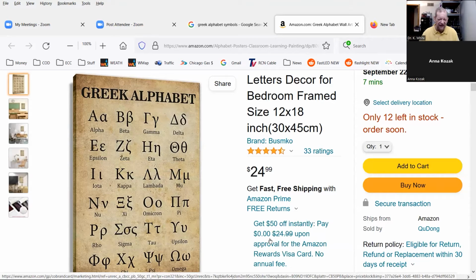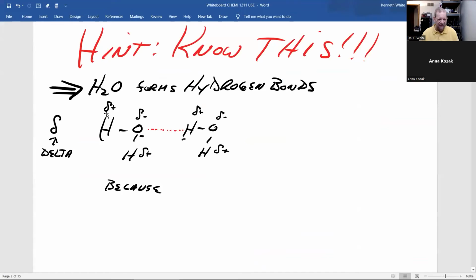All right, let's get back to this. Does that help now? This right here is a slight positive charge, slight negative charge, slight positive charge. Same thing over here. And because opposites attract, you have the delta negative attracting the delta positive.